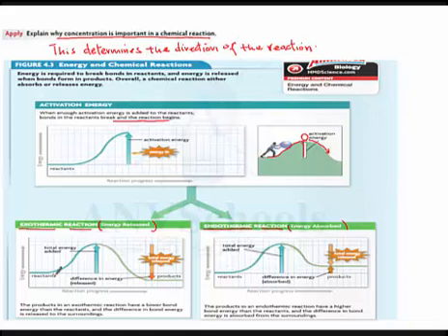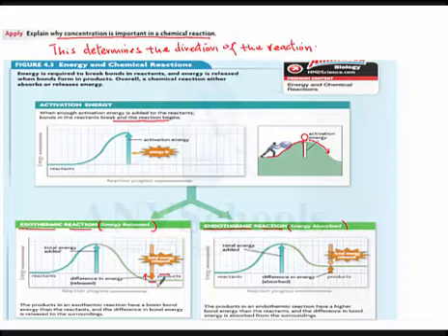So here we have the reactants, and these are the products; this is the difference in energy. We expected it to be at this line, but it goes beyond, and it releases energy.